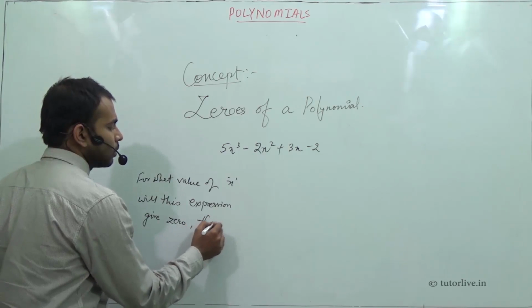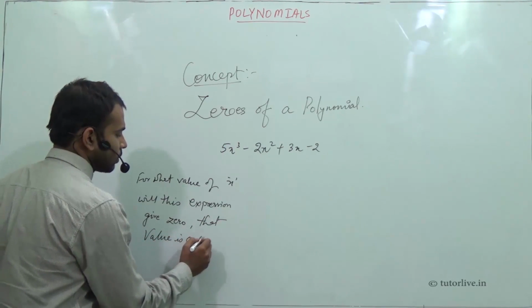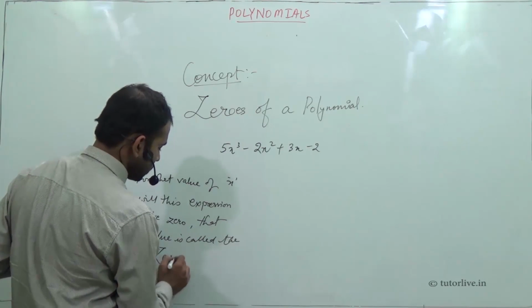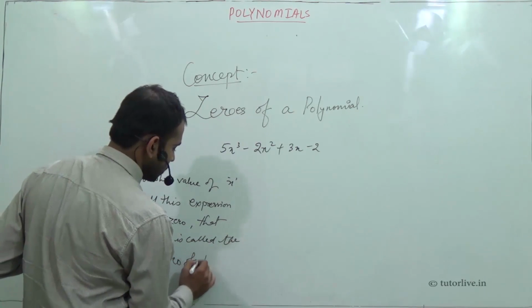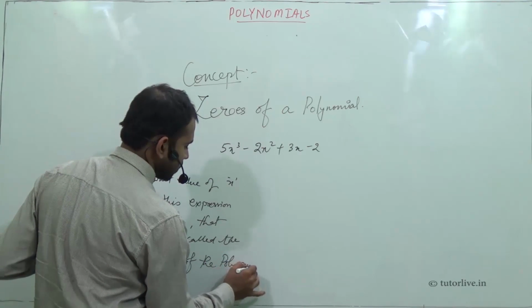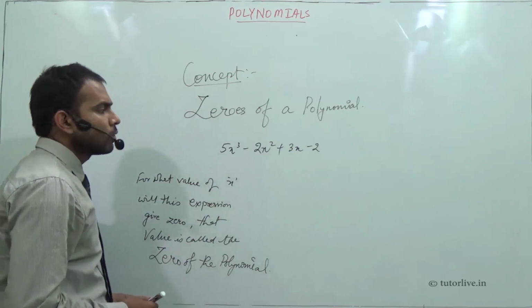That value is called the zero of the polynomial.